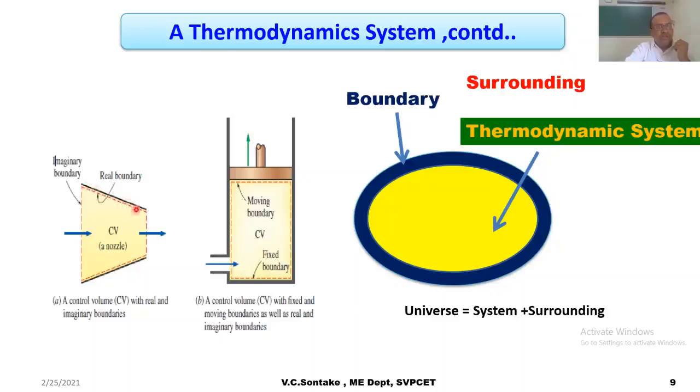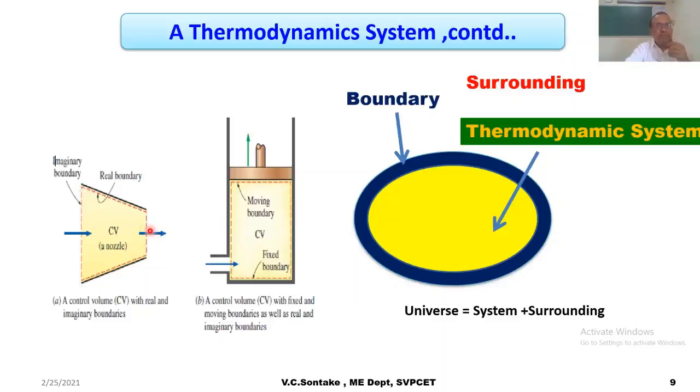Another example, take the example of nozzle. Its outer surfaces will be the real boundaries and they are fixed, whereas boundary on the inlet side of the nozzle and outlet side of the nozzle, they are imaginary boundaries. You cannot see them. For the analysis purpose, you have to assume that boundary exists at the inlet and outlet.